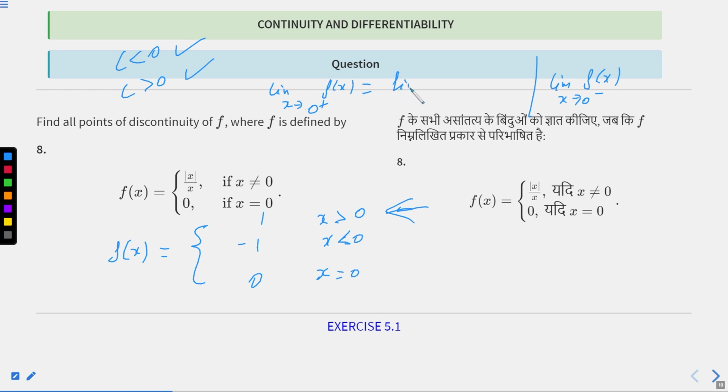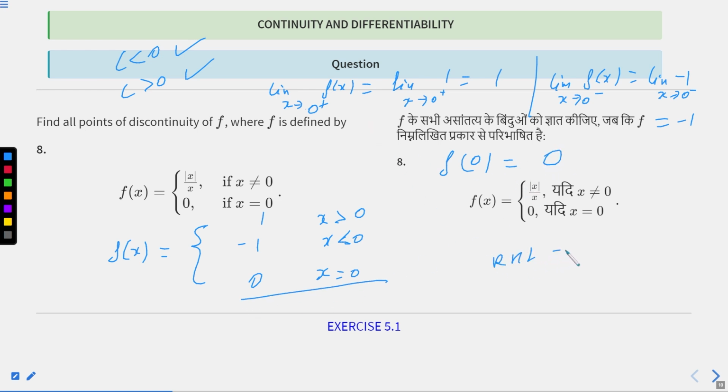As you can see, limit x tends to 0 positive of 1 will be just 1. And if I am moving towards 0 from the left hand side, I have to work with this, so the limit will be minus 1. And the actual output at 0 will be just 0. So the right hand side limit is not the same as the left hand side limit, which further is not equal to f of 0.